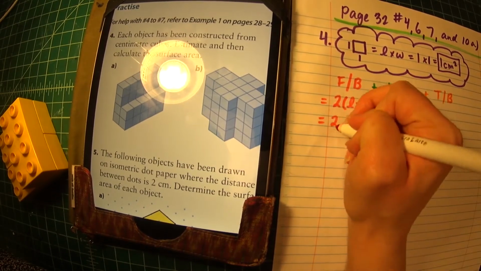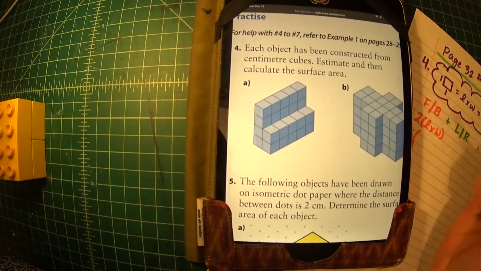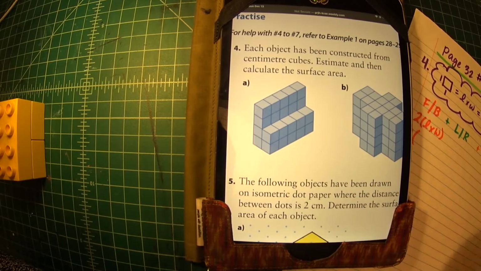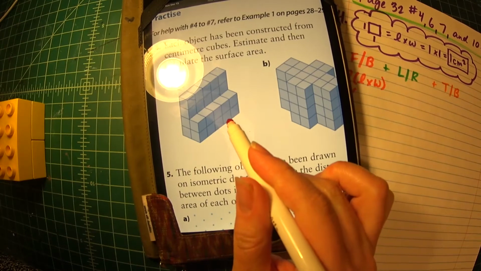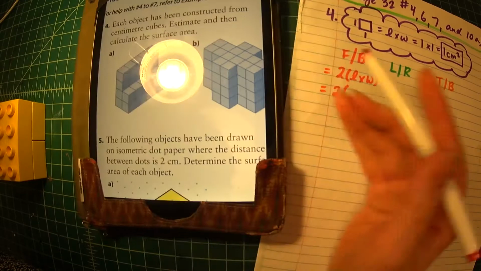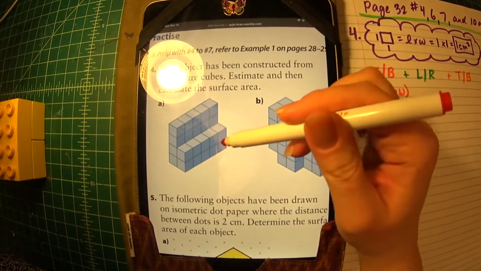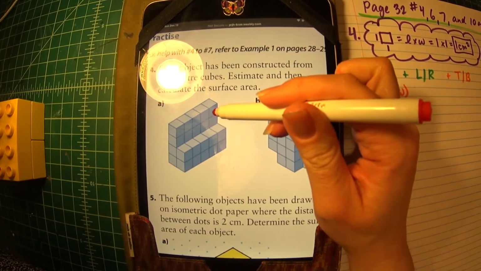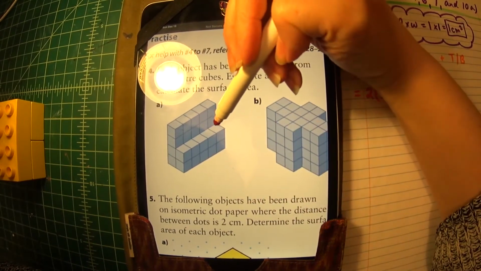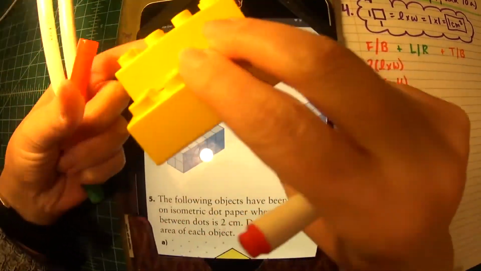Okay, so 2 times, let's take a look at what our length and width would be. So the length right here, 1, 2, 3, 4, 5 units across, and each one, like we said in our legend up here, is just worth a centimeter, so that is 5 centimeters. So 5 by width 1, 2, 3, 4. Notice I'm not counting this diagonal line right here because that's representing the little ledge.